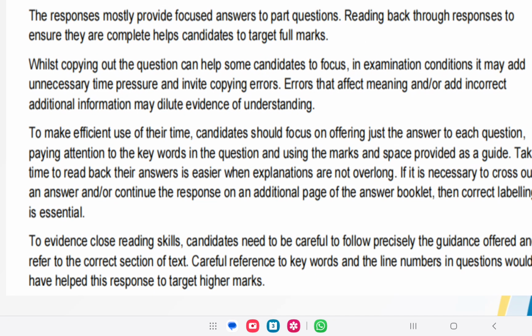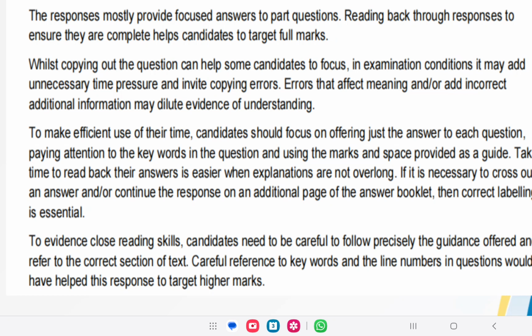So when you are writing the detail, when you are giving an impression, errors that affect meaning, the same way I've told you that if you are writing confused and you are giving a detail that shows you struggle to breathe, breathing has nothing to do with confusion. That shows that even if you are copying details, you haven't understood the text well.